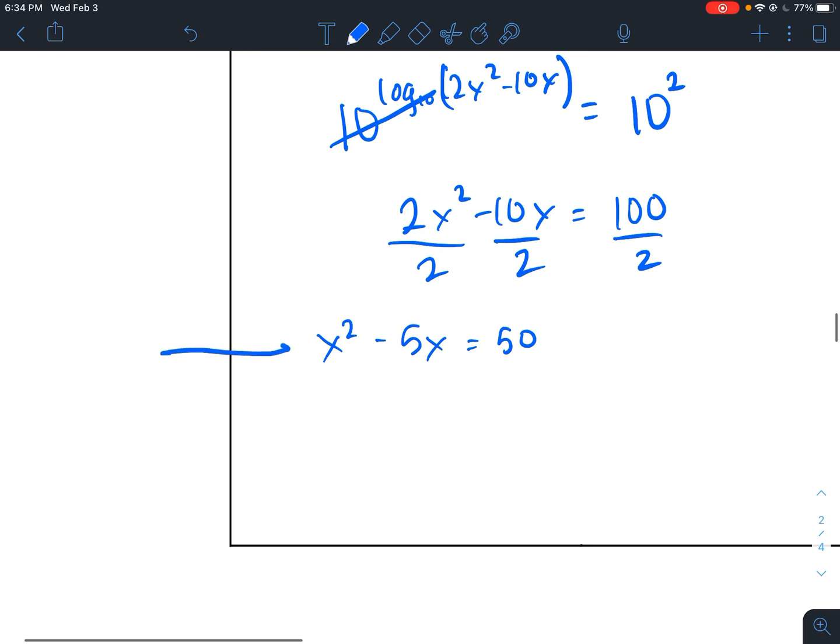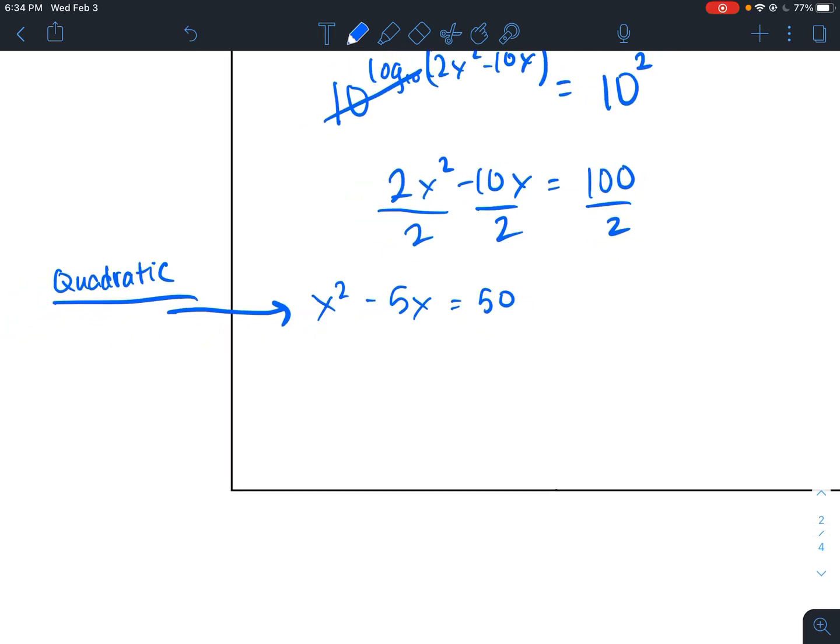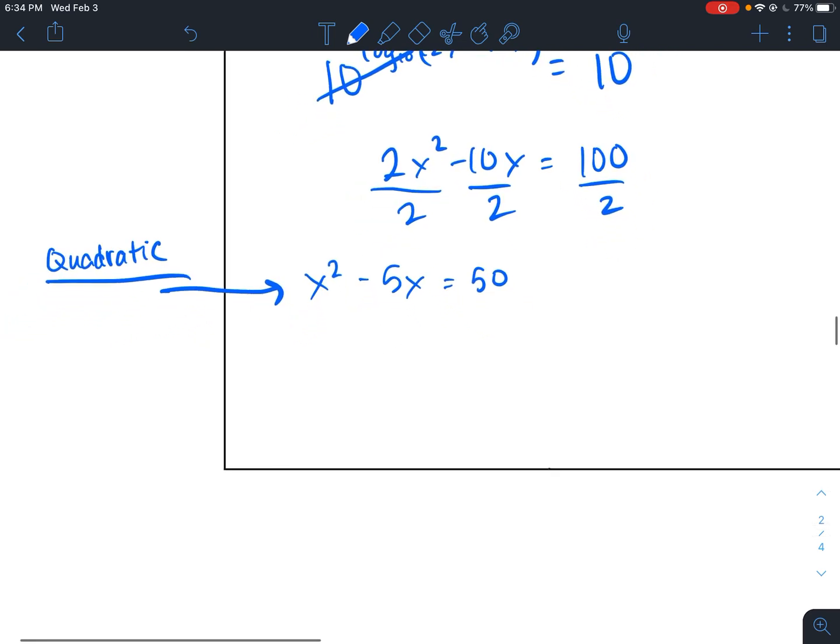Notice that this is a quadratic, not an exponential, and quadratics have two solutions. So I'm going to solve this like a quadratic. I want it equal to 0, so I subtract 50 from both sides. Then I get x squared minus 5x minus 50 equal to 0.